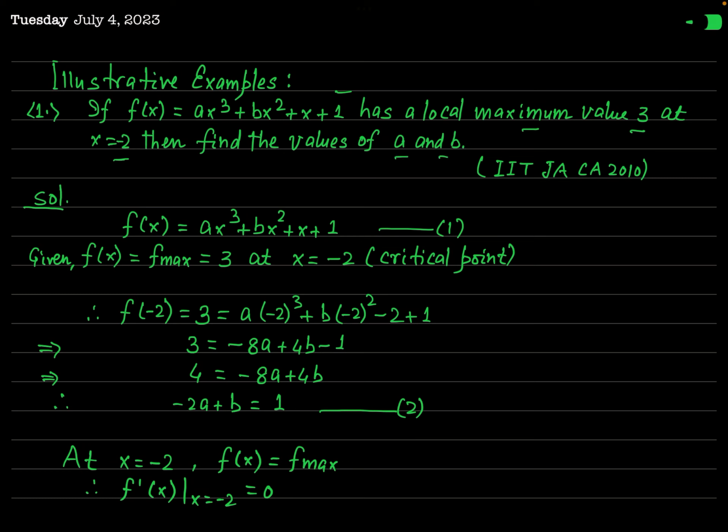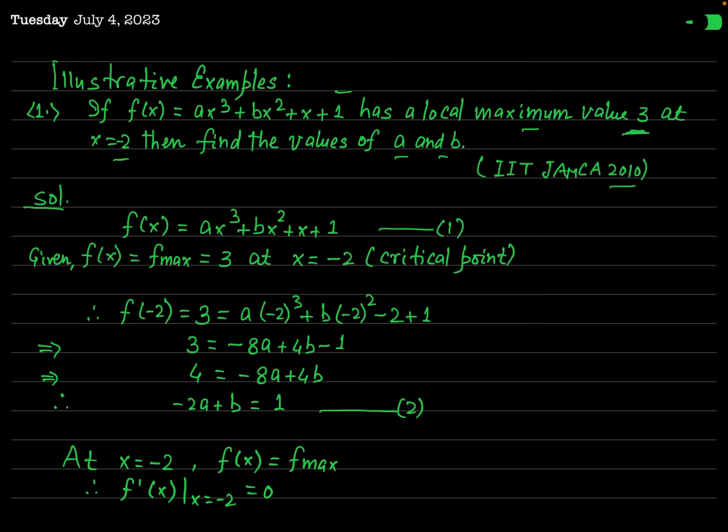This question has been asked in the IIT JAM exam for computer application 2010. So this is a very important problem. Actually in this question, it is given that our function has a maximum value which is equal to 3.